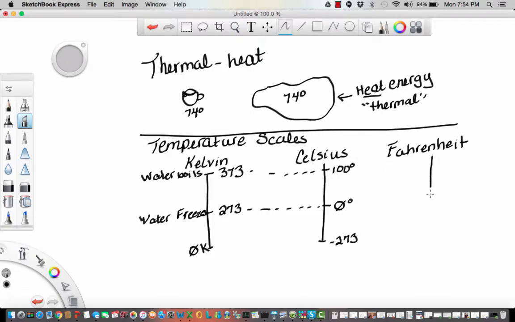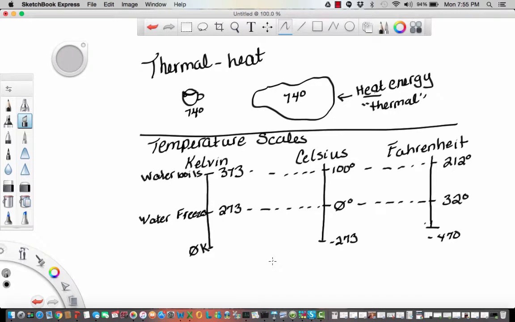Now on the Fahrenheit scale, down here, negative 470 is absolute 0. Water freezes at 32 degrees and water boils at 212 degrees. So that's how you can identify the Fahrenheit scale.